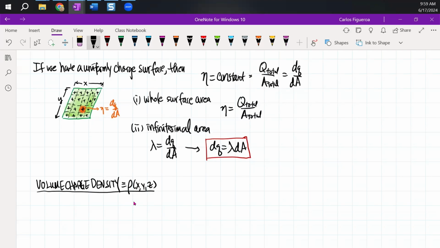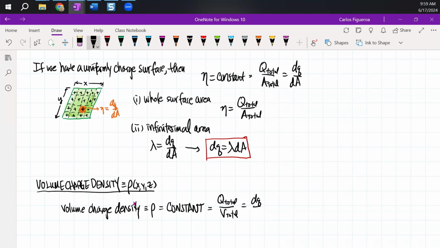If this is a constant, then the total charge over the total volume is also the infinitesimal dq over dV.